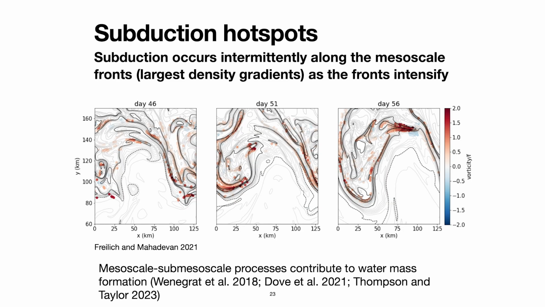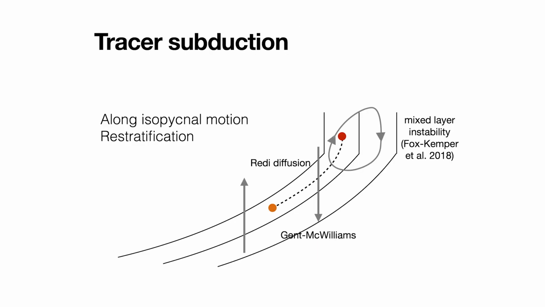We asked that question in models, though, of how do we get water parcels to cross that boundary? So to go from the mixed layer into the interior, does it fit within this sort of general diffusive framework that this diagram would suggest?